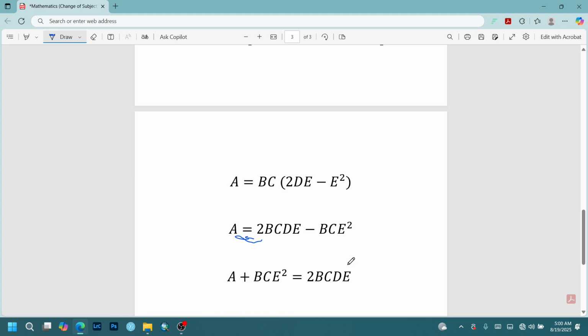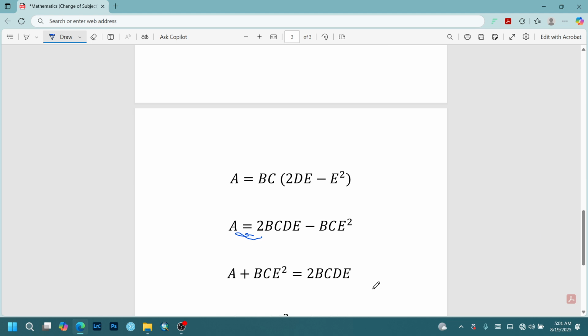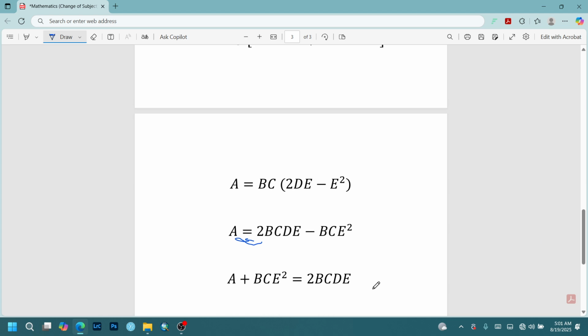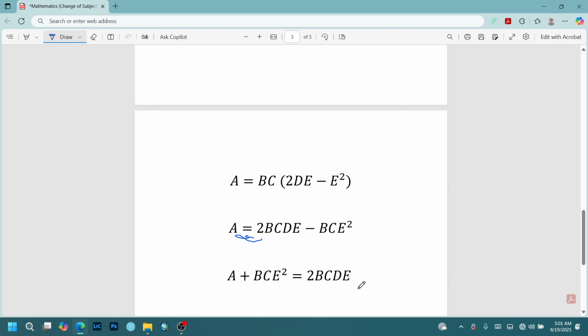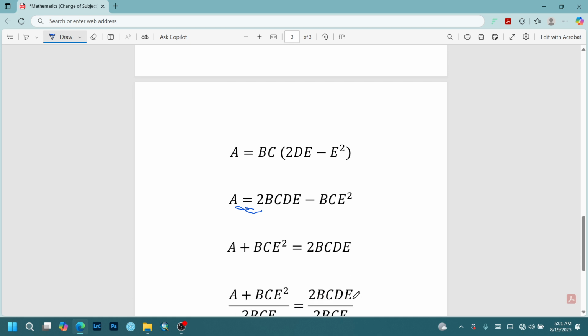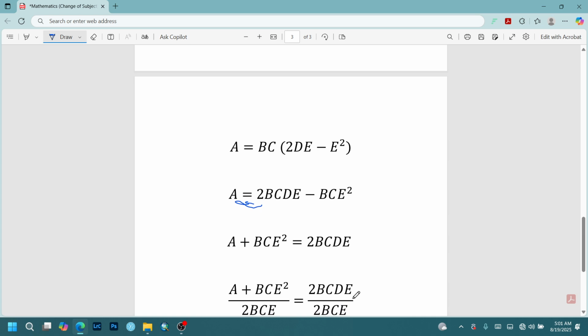So in order to make d the subject of the relation, we have to make it an independent variable, right? So we have to eliminate all those dependent variables surrounding it, and which is 2bce, right? 2bce, right?